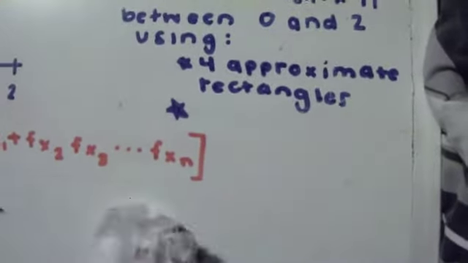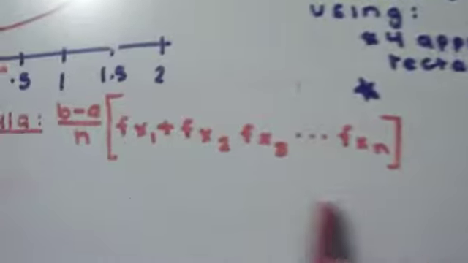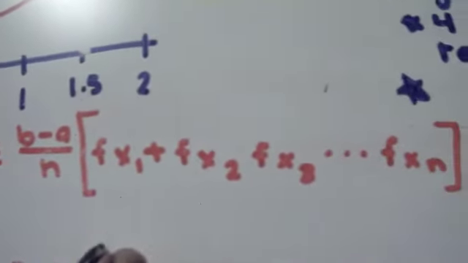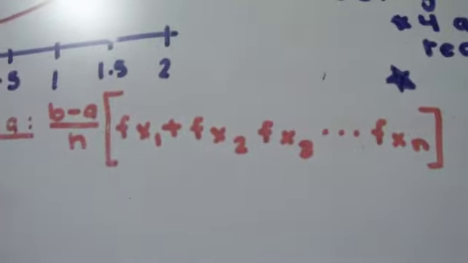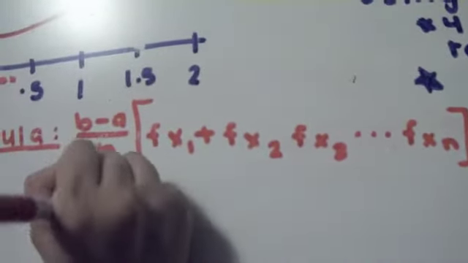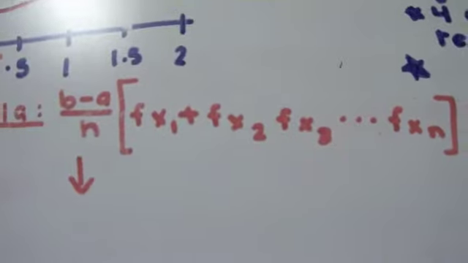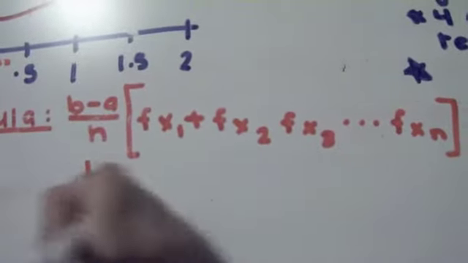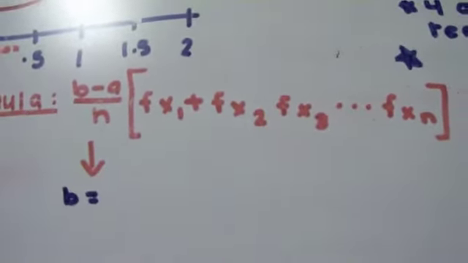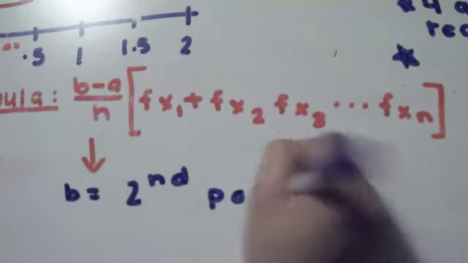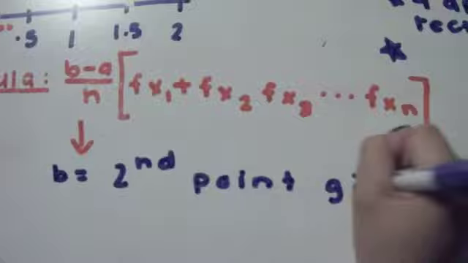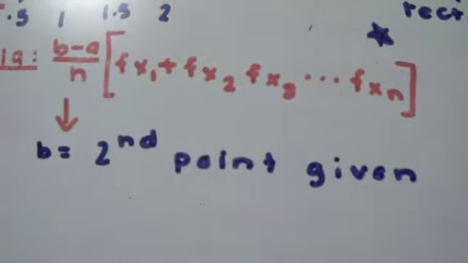So the formula we need in order to solve this is this scary little fella over here. I'll break it down for you right now. B equals the second point given, so that's your second boundary.